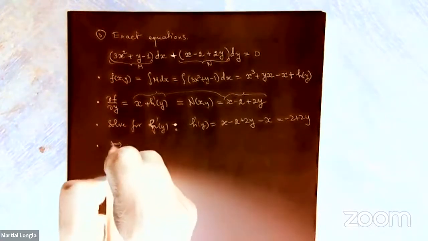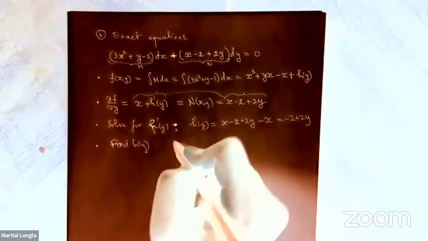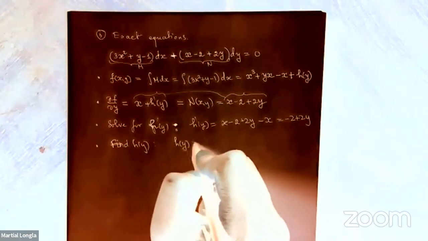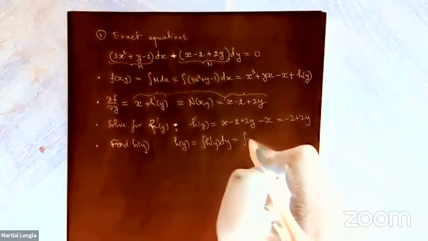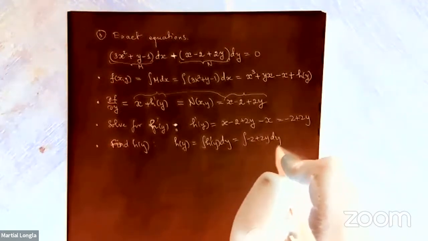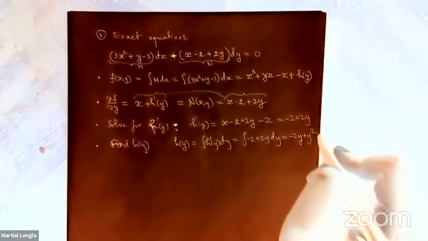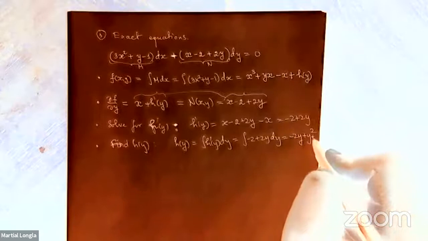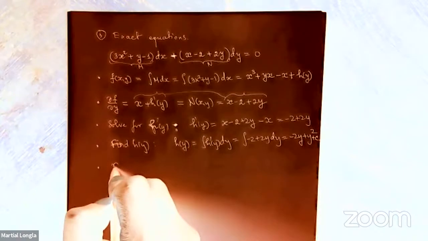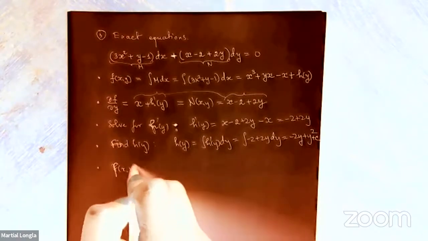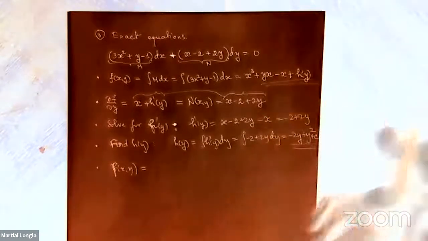And then the next thing is to find h of y. You get that by integrating that derivative. That's the integral of h prime of y dy, the integral of minus 2 plus 2y dy. That gives you minus 2y plus y squared, and then you have a constant of integration. The last step is you find f of xy by replacing this h of y in the obtained formula of f.